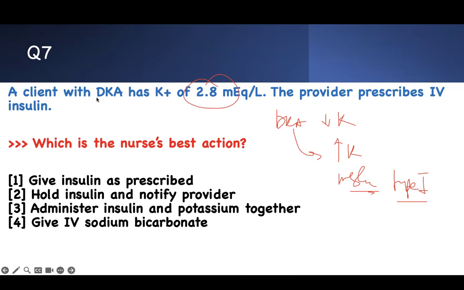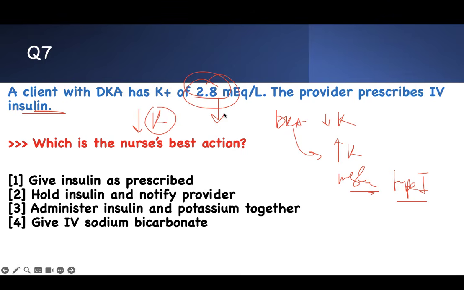The reason why you treat them with insulin is because it's going to decrease their hyperkalemia in the beginning. But this guy, potassium is already low. If you give them insulin, this is going to drop all the way down. They will develop arrhythmia. So your content tells you that this is a bad thing. Insulin and hypokalemia cannot come together.